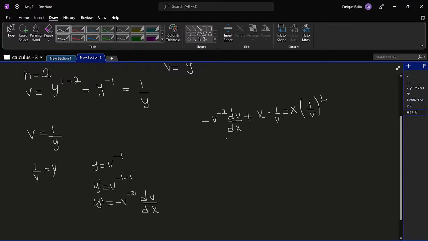That's gonna be minus v squared dv over dx plus x over v equals x over v squared.